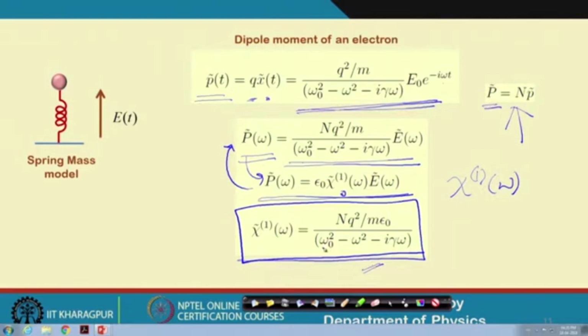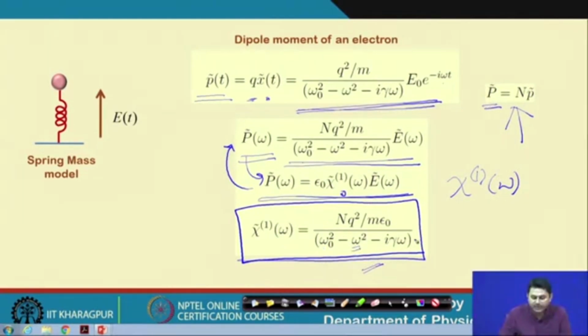If omega is omega 0, then this entire quantity becomes purely imaginary. When it is purely imaginary, some kind of absorption will be there, and if omega is far away from omega 0 and I have only the real term, that gives rise to the refractive index of the system. We will come back to these things in our next class.